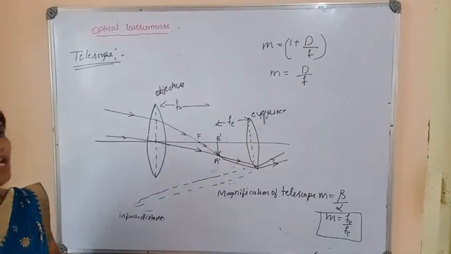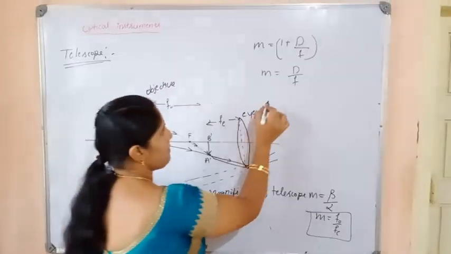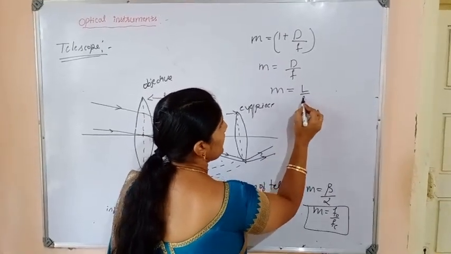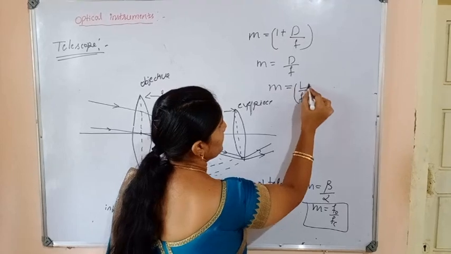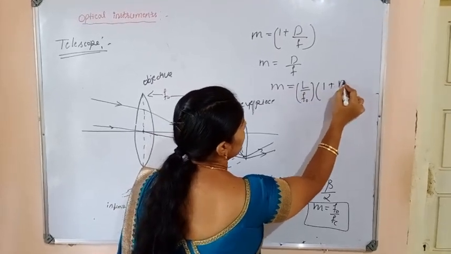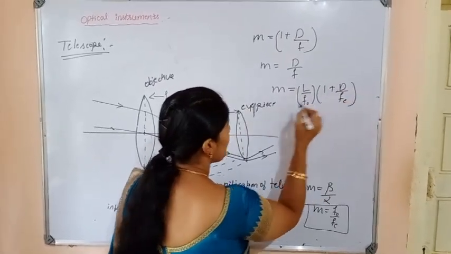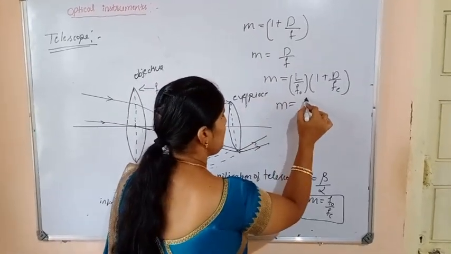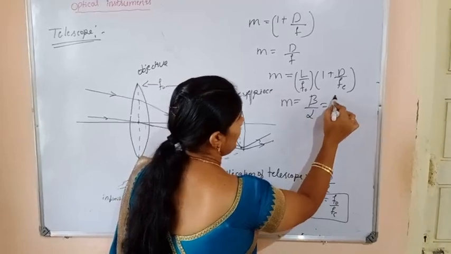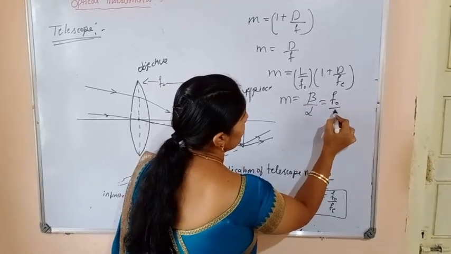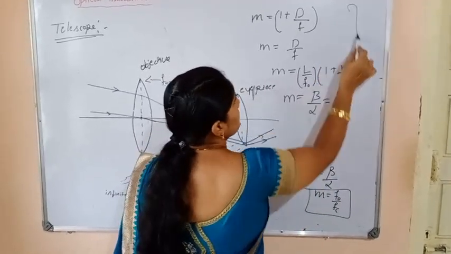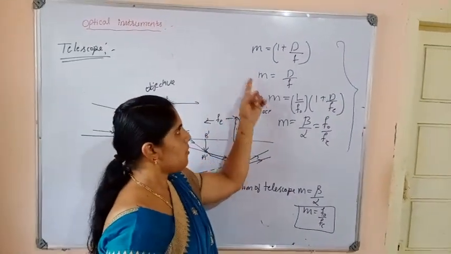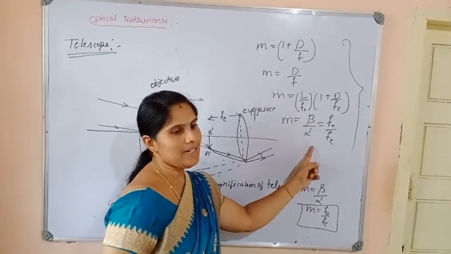Magnification power of a compound microscope is given by M is equal to L by Fo into 1 plus D by Fe. Magnification power of a telescope is given by M is equal to beta by alpha or Fo by Fe. Okay. These are the formulas for magnification power of simple microscope, compound microscope and telescope.